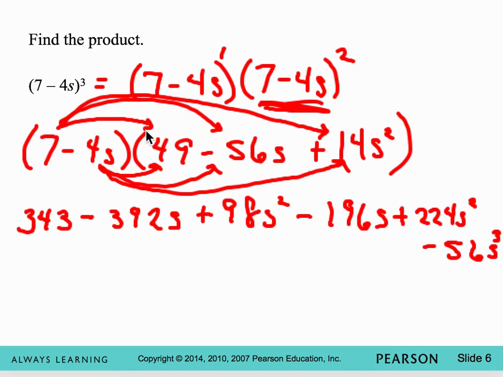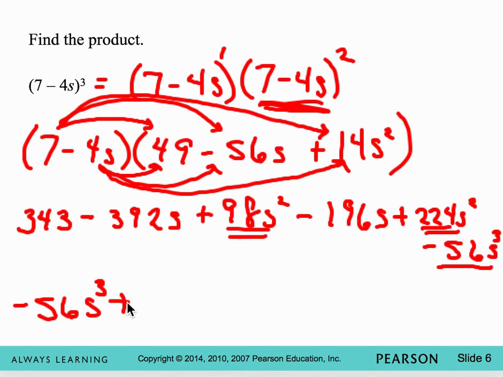Okay, 343 minus 392s, s squared, s squared, s cubed. Okay, so negative 56s cubed. Here's an s squared and here's an s squared.